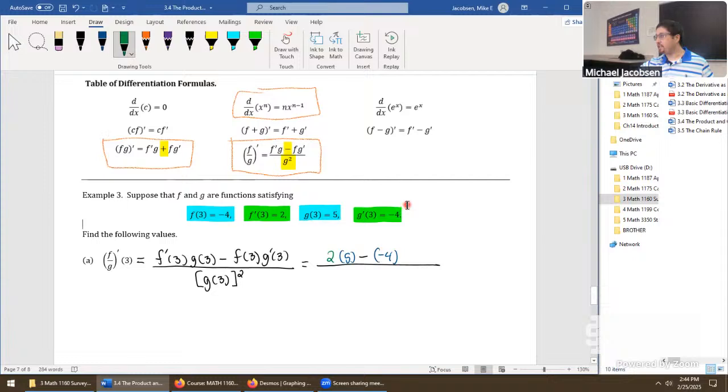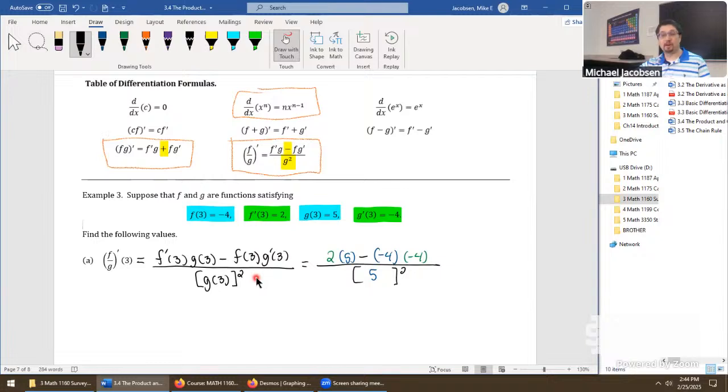Next one is g prime at 3, another negative 4. Down in the denominator, when we're squaring the function down below, there's no derivative here. So that means we're squaring that value, g of 3. So 5 goes in that position.